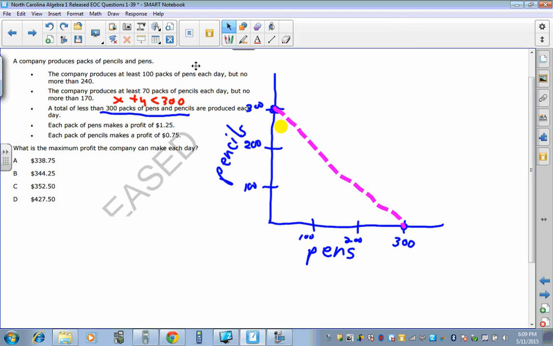Okay. Now it says the company produces at least 100 packs of pens a day, but no more than 240. So it produces at least 100 packs of pens per day, but no more than 240.